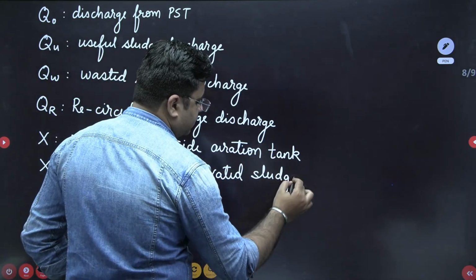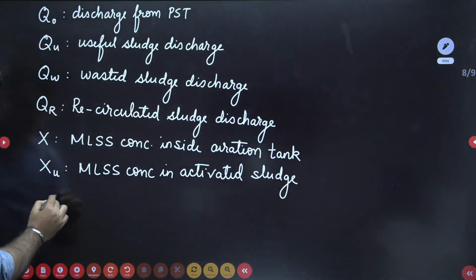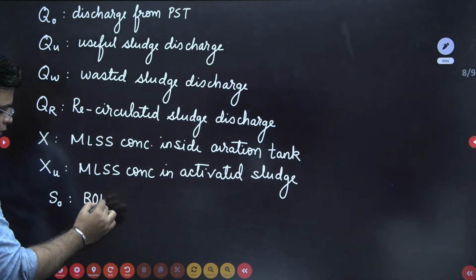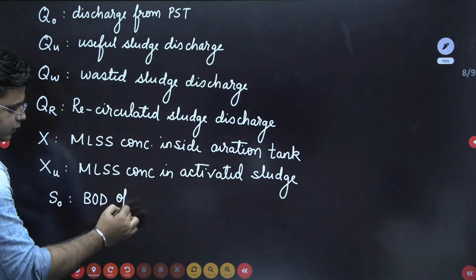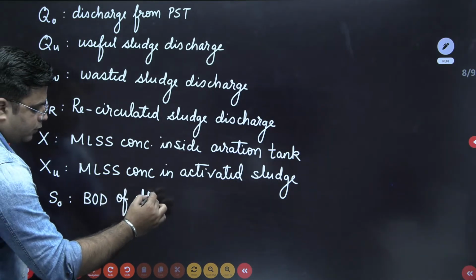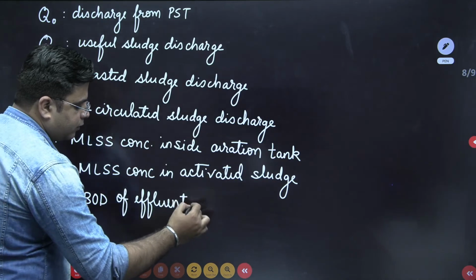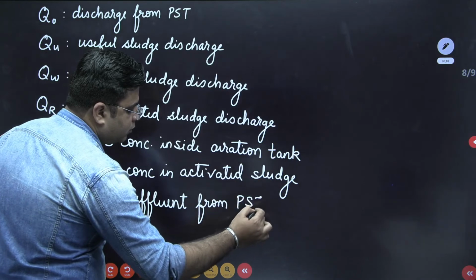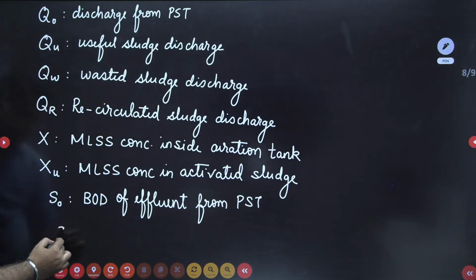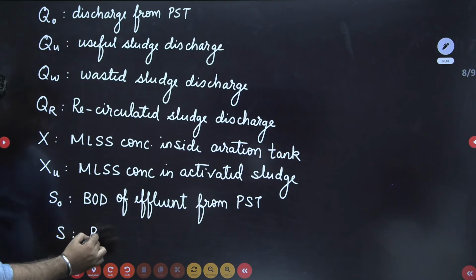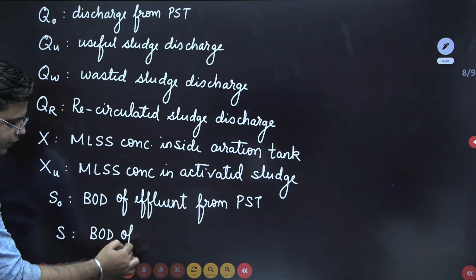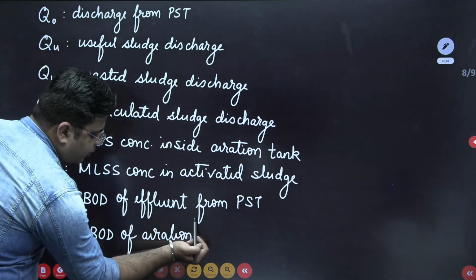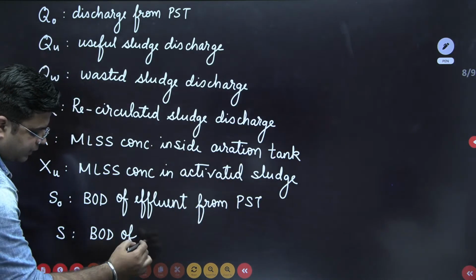S0 is the BOD of effluent from PST, and S is the BOD of the aeration tank, or BOD of wastewater inside the aeration tank.